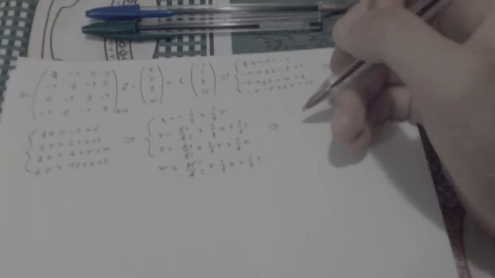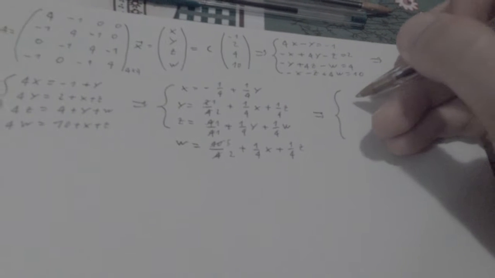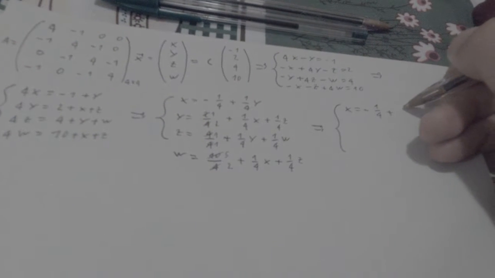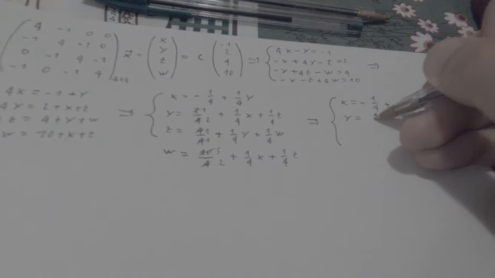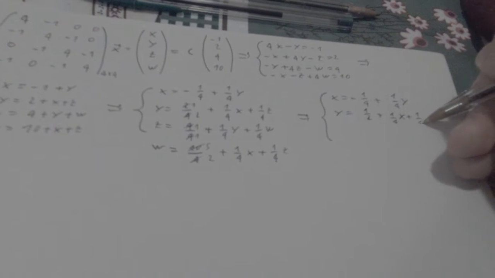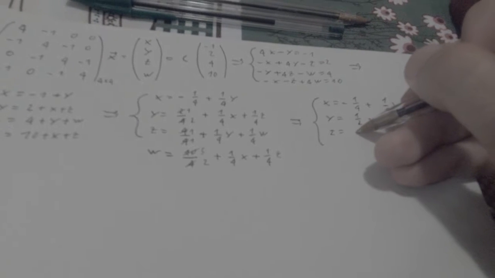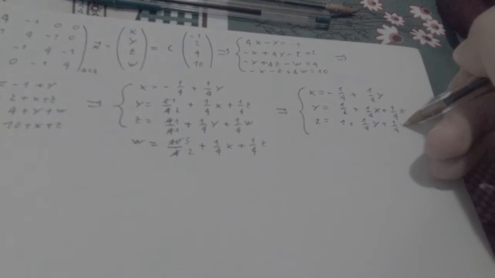This gives us x equal to -1/4 plus 1/4 y, y equal to 1/2 plus 1/4 x plus 1/4 z, z equal to 1 plus 1/4 y plus 1/4 w, and w equal to 5/2 plus 1/4 x plus 1/4 z.